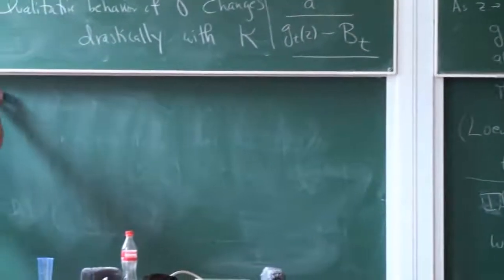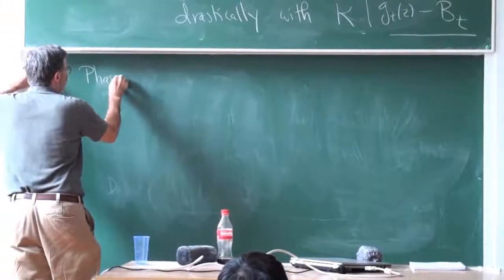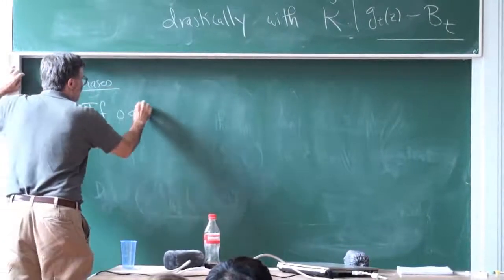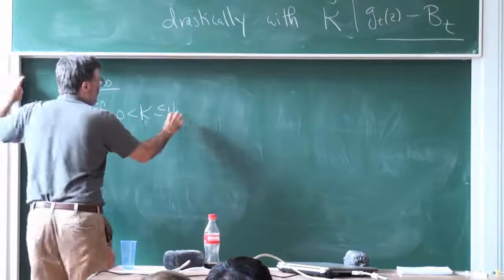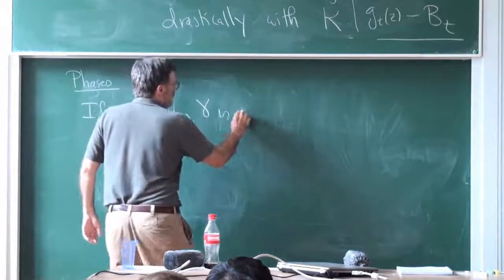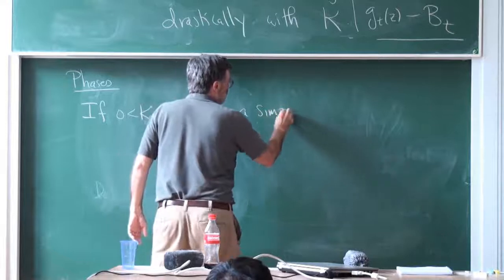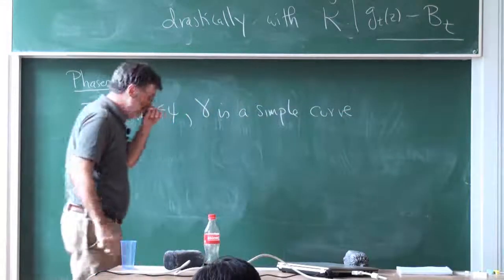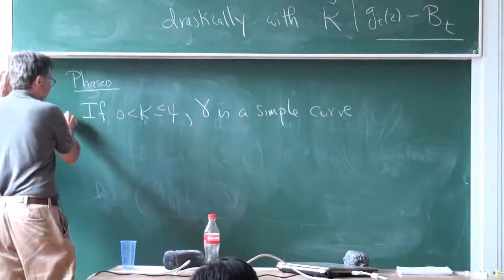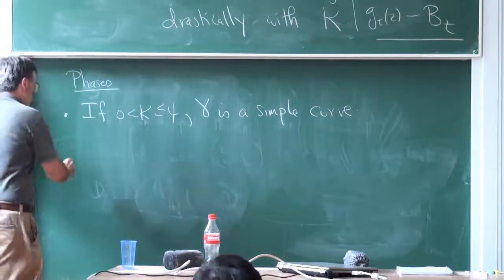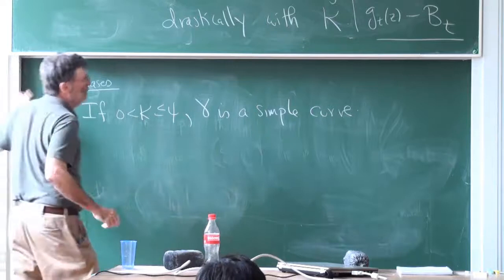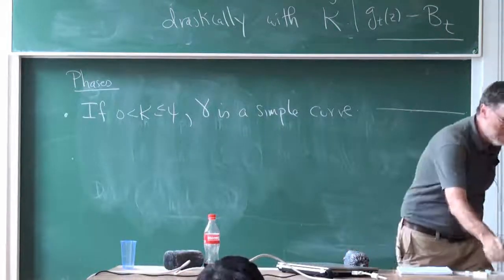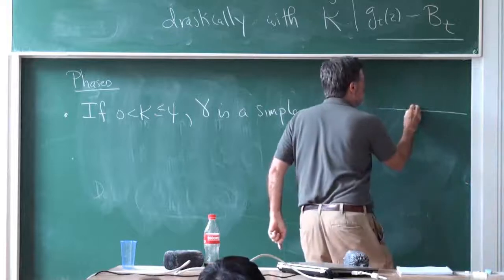So, phases. If 0 is less than kappa, less than or equal to 4, gamma is a simple curve. I'll just draw a little, so think of this as being the picture.